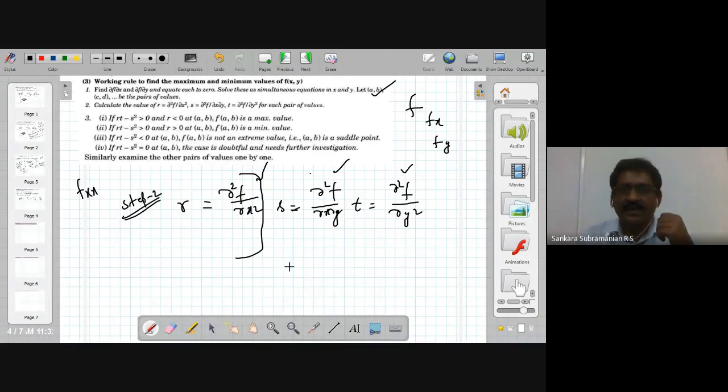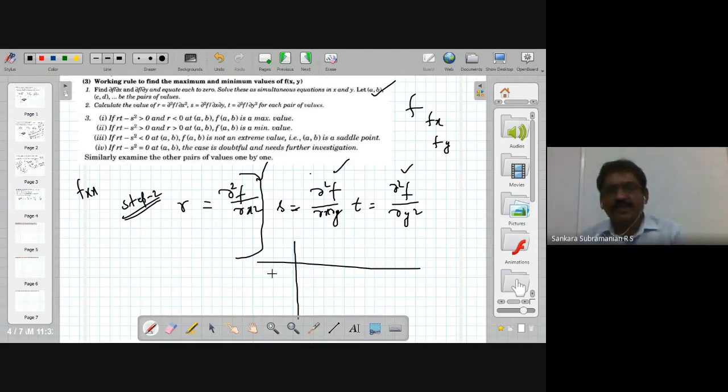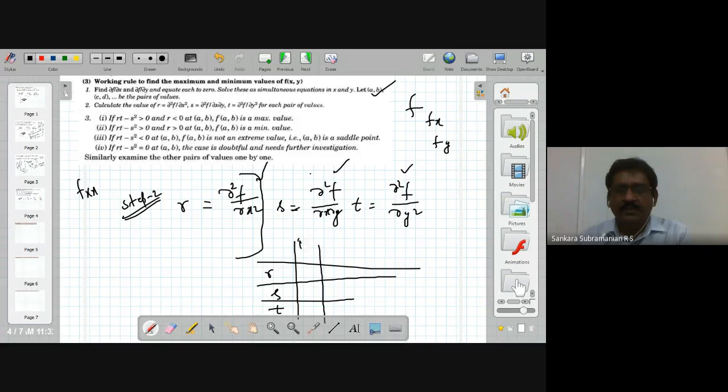Next, you can make a tabulation column. In the tabulation column, we can find the R value, the S value, and the T value for so many points. Suppose the first point is P1, (x1, y1). The second point can be taken as P2, (x2, y2).